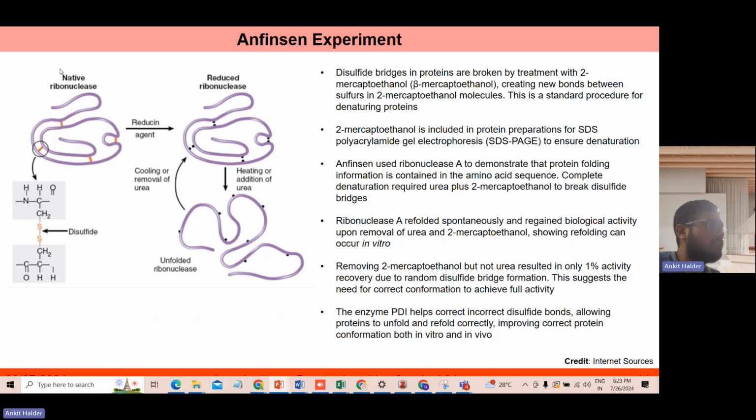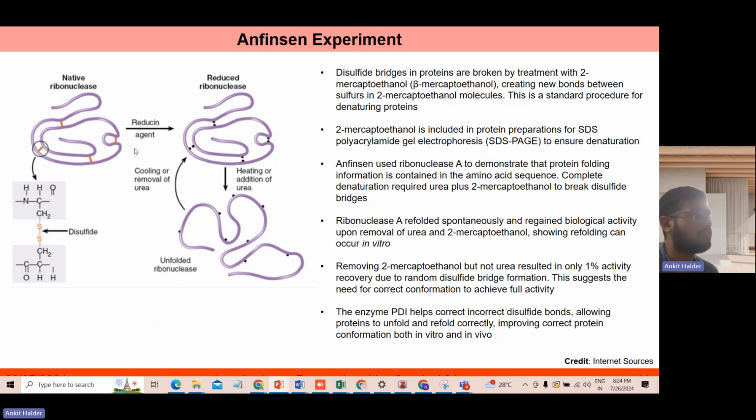This was done on the protein ribonuclease, right? These are the disulfide linkages of the tertiary structure, which we will come back to in a while. We will look at each and every topic, each of the secondary structures. So here the disulfide linkage is there. If we have the reducing agent and heating or addition of urea, we will have the unfolded ribonuclease.